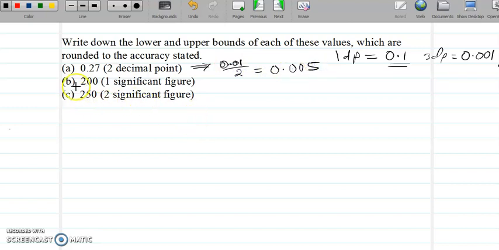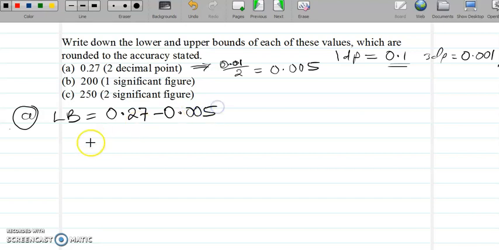Now the lower bound is 0.27 minus 0.005, and the upper bound is 0.27 plus 0.005.